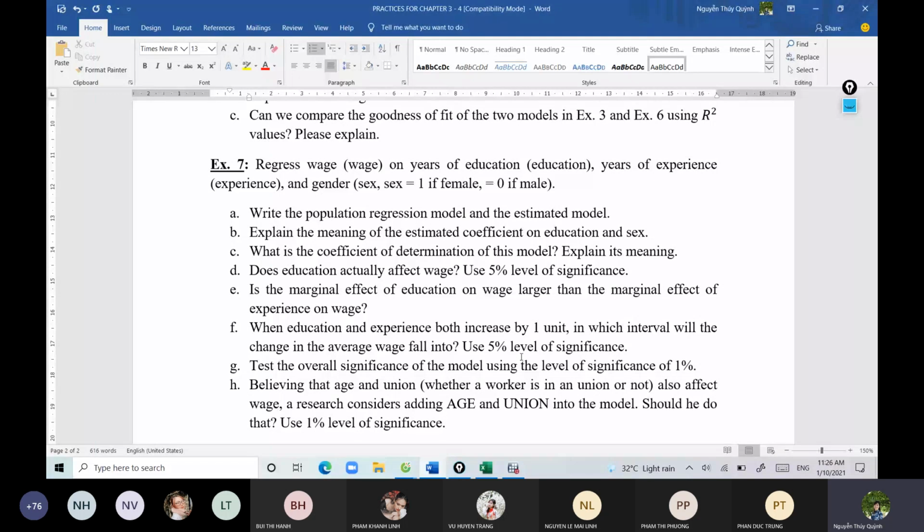Which one in the population regression model is the marginal effect of education on wage?